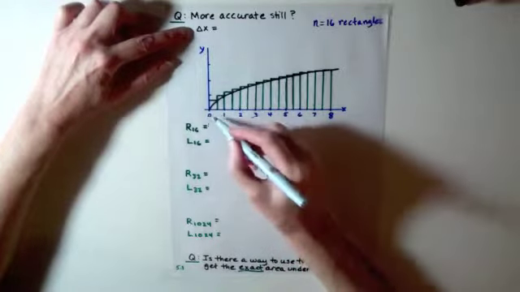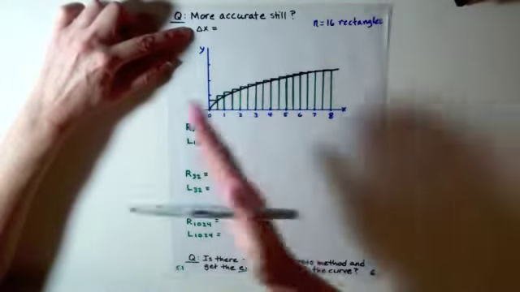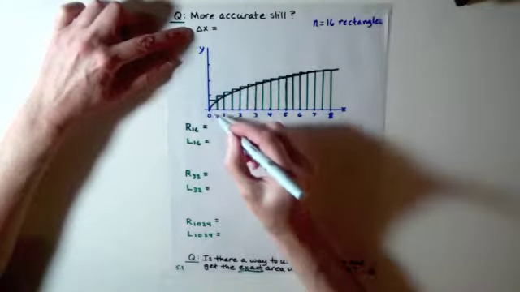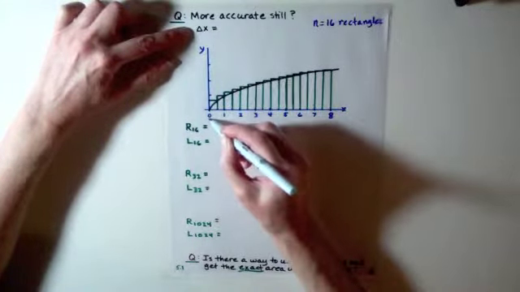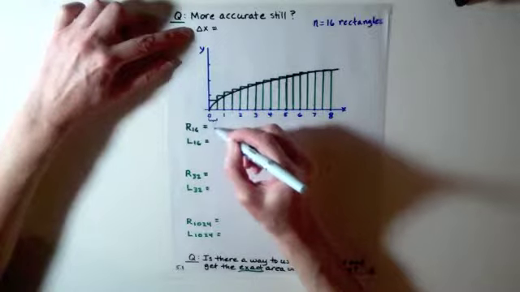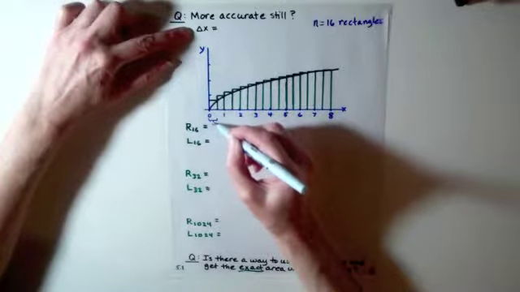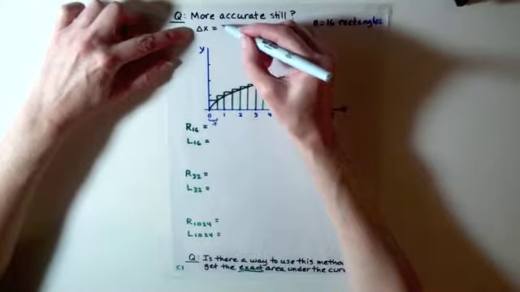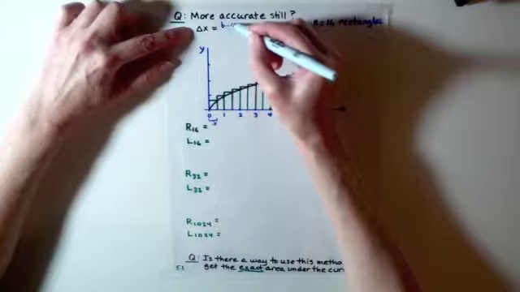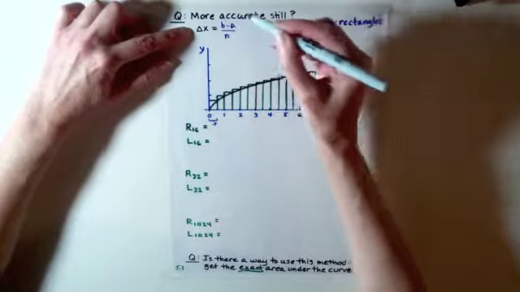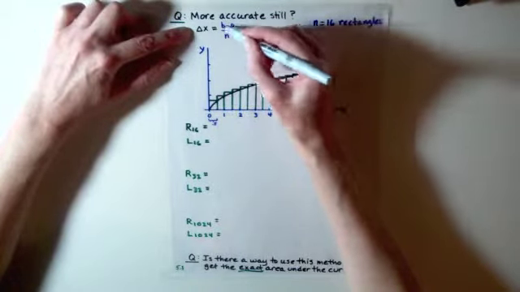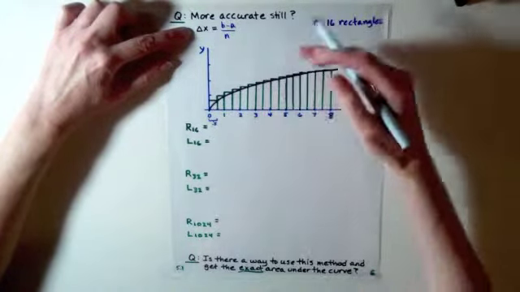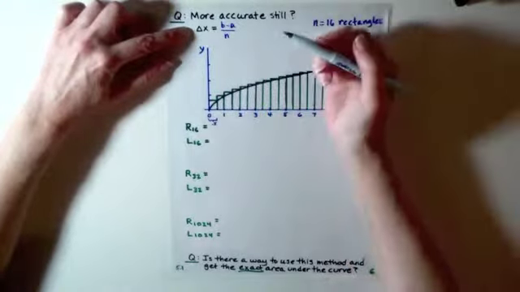You might be able to tell just from the picture, we're splitting it up into twice as many rectangles as L8 and R8. So since those had a width of 1, you're probably guessing, oh yeah, now I'm going to have a width that is just 0.5. It's just half of a unit, and that's correct. Or you can use our little formula, delta x, which is the width of each of our approximating rectangles, is b minus a over n, where b and a are your endpoints of the total interval that you're looking for the area under the curve on.